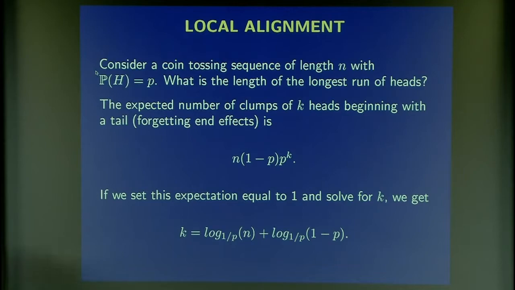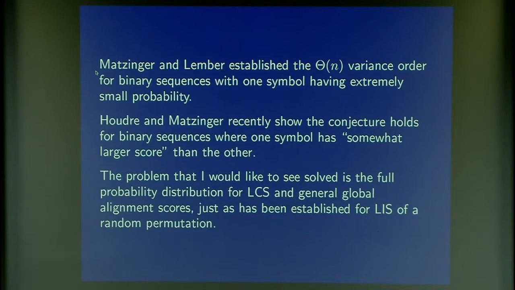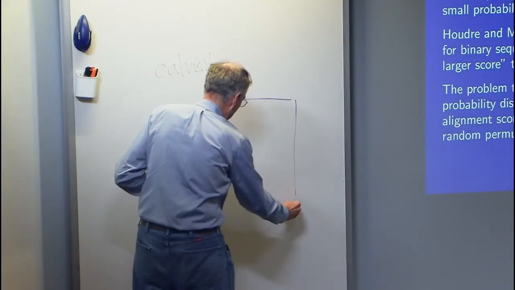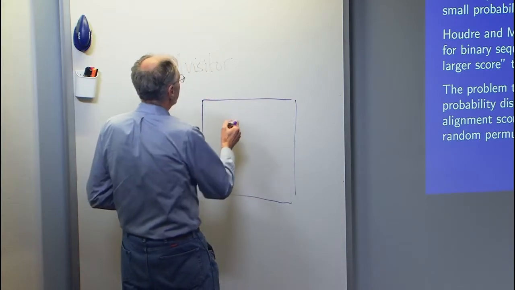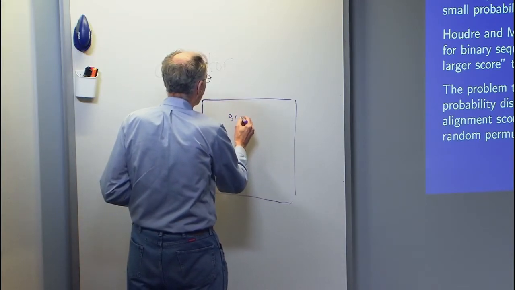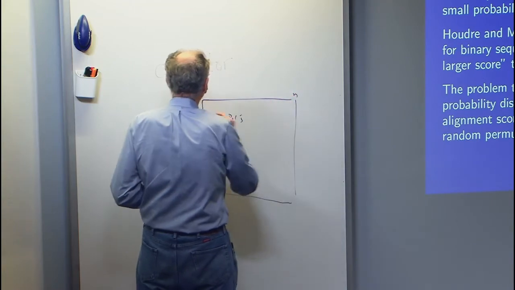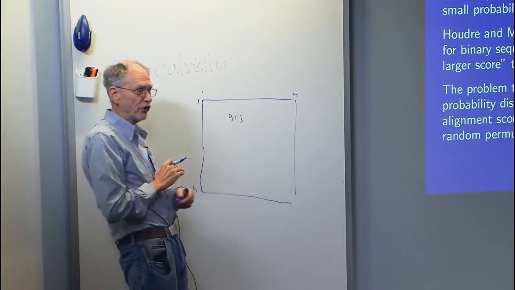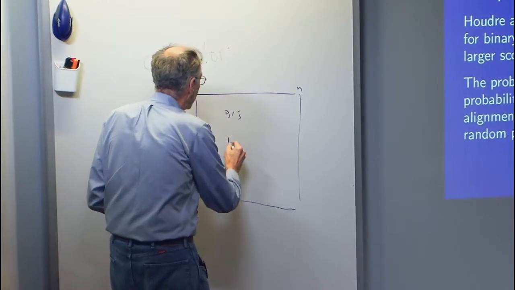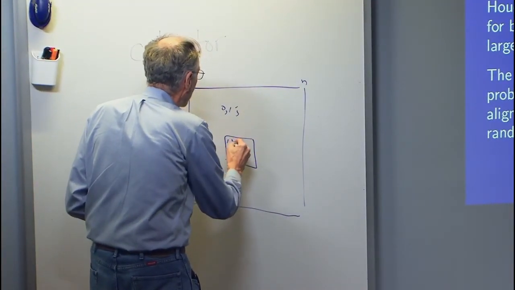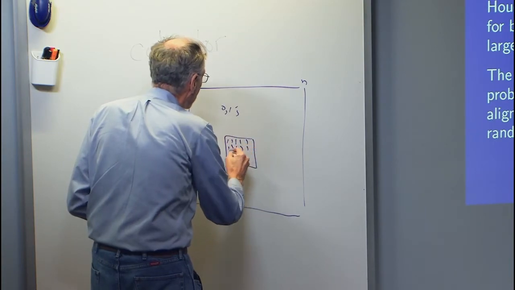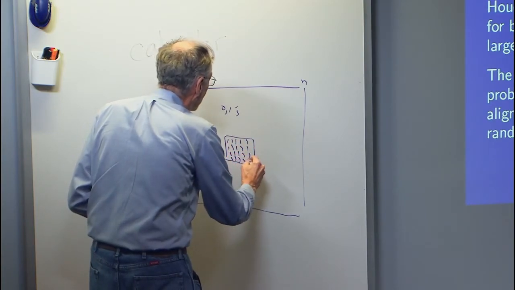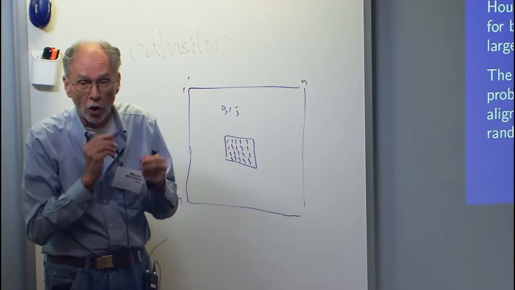Let me test you. You have n squared random zeros and ones, and you want the biggest square with all ones.